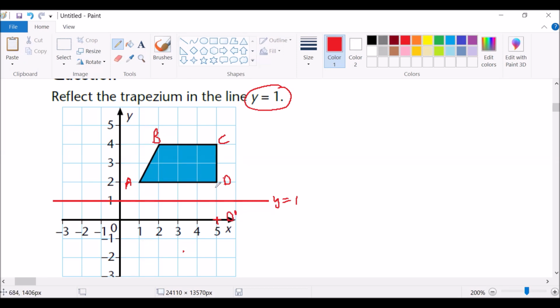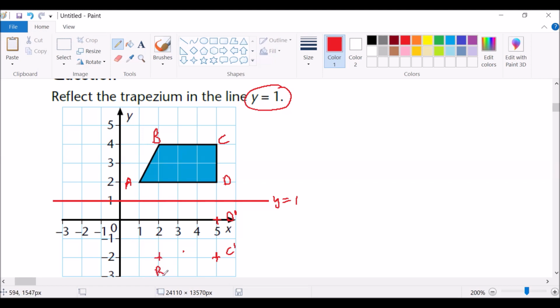Our C is 1, 2, 3 squares from the mirror line, so we will also count 1, 2, 3. So this is our point, C bar. Then we go to B. The perpendicular distance of B from the mirror line is 1, 2, 3, so on the opposite side of the mirror line, we count 1, 2, 3.